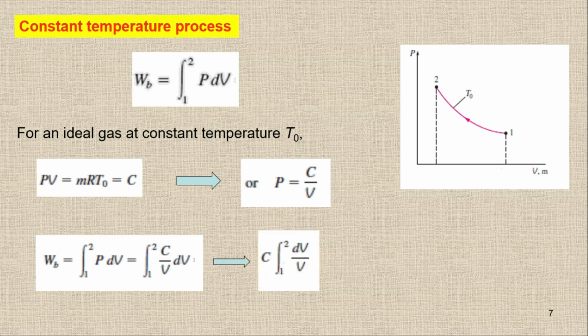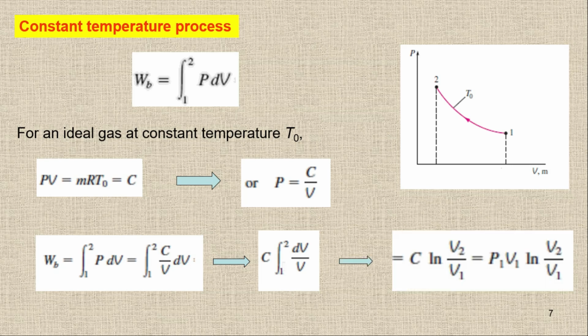If I integrate this, I'll get C ln V between limits 1 and 2. Applying the limits, I'll get C ln V2 upon V1.